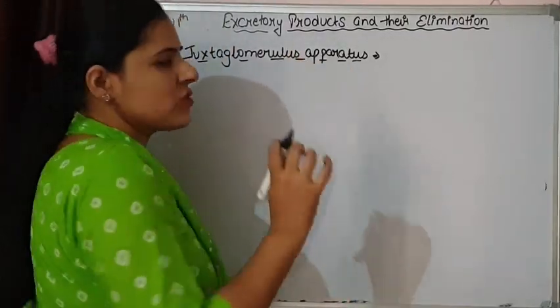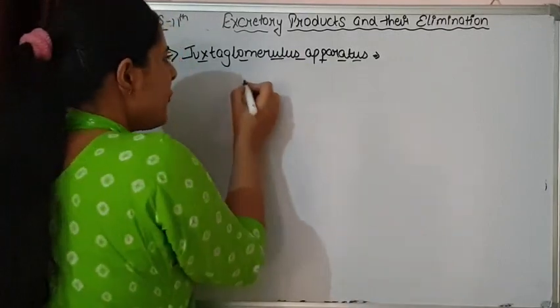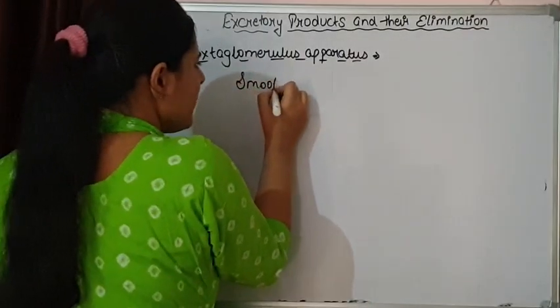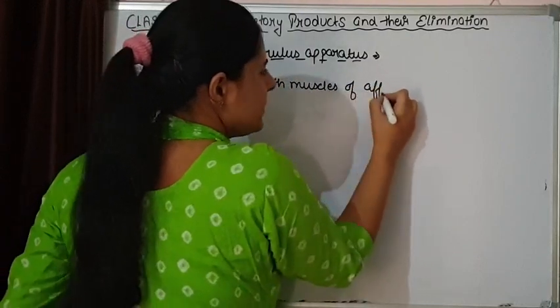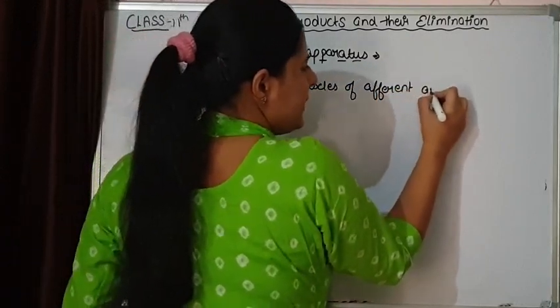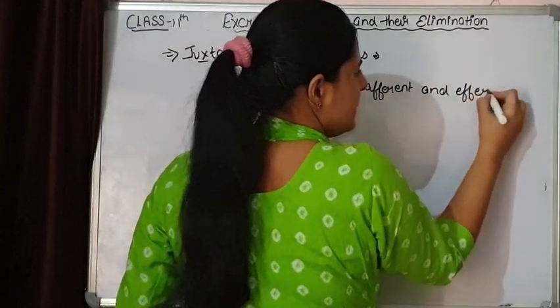So the juxtaglomerular cells are formed by smooth muscles of afferent and efferent arteriole.